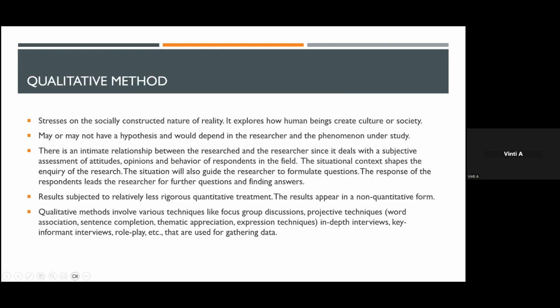Now in a qualitative method, you may or may not have a hypothesis, as I've already explained, and it would depend on the researcher and the phenomenon under study. There is always a relationship between the researched and the researcher, because the researcher, while interviewing the subject, is very much involved.